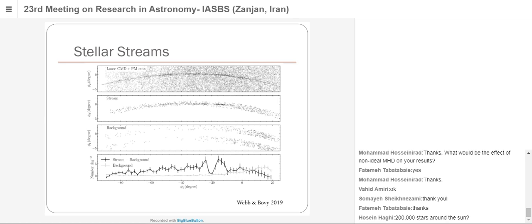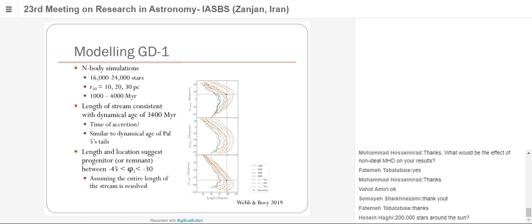Now if we want to use streams to understand galaxies, we need to know how they form. So we also recently simulated a large suite of star cluster simulations to try to reproduce the exact GD1 stream. This is probably a little more zoomed out than it should be.